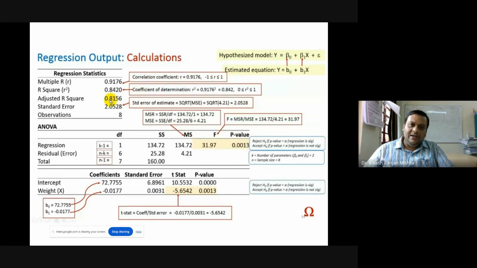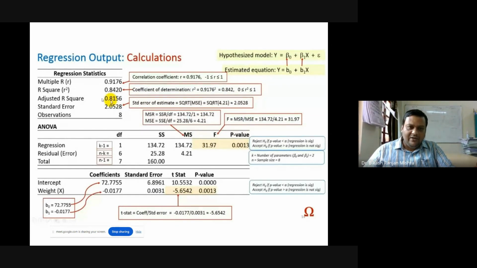What happens in multiple regression? This is found to be very different with respect to R square. As more and more variables are included, the R square becomes higher and higher. If you have one independent variable and it is 0.84, and you add 2 or 3 or 10 variables, it comes to around 0.98 or 0.99. But that may not be a true indicator of goodness of fit.